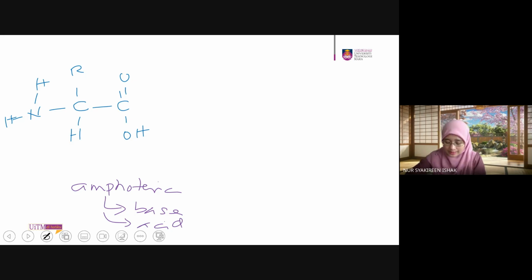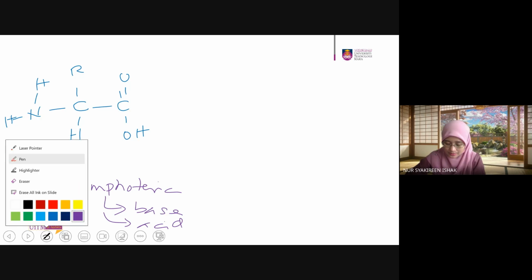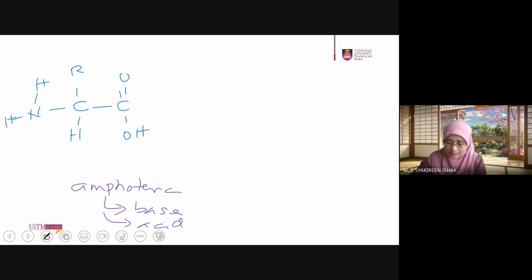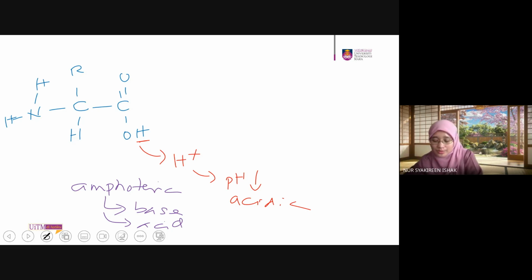In this case, what happened is it involves the hydrogen ion to be released into the solution, positively charged. When the hydrogen atom of this carboxyl group is released, it may cause the pH to drop, the surrounding solution to be acidic, by increasing the amount of hydrogen ion in the solution.